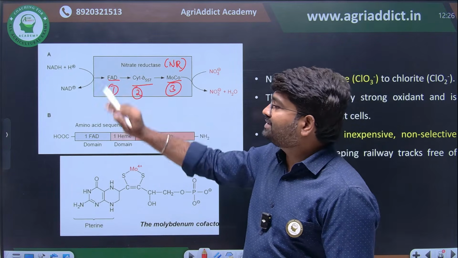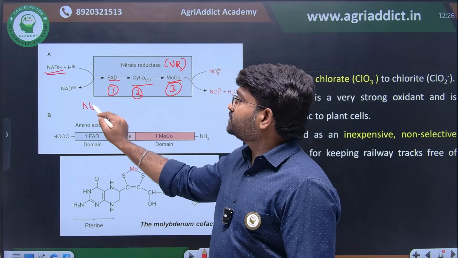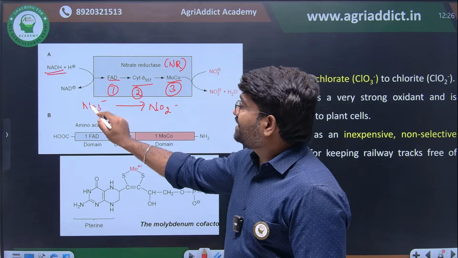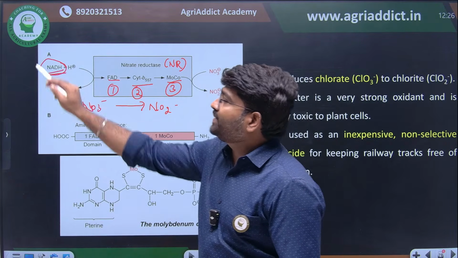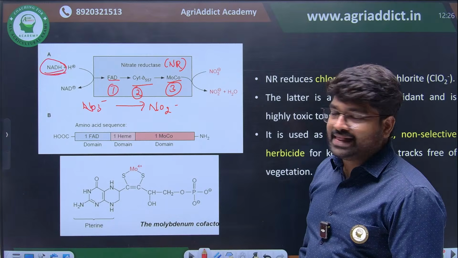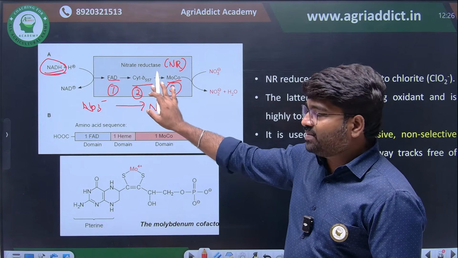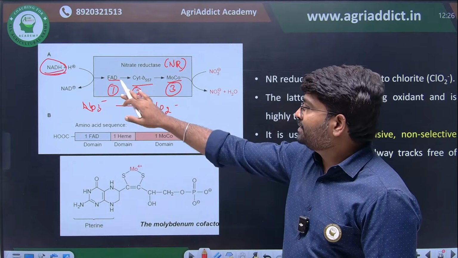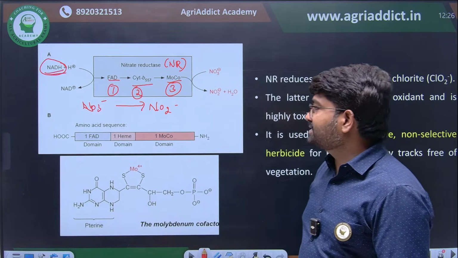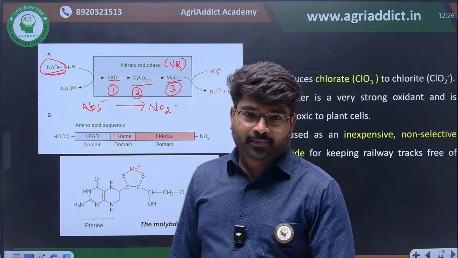So three domains are there for converting NO3 minus to NO2 minus. The electron source will come from NADH. This enzyme will be present in the cytoplasm. Electron source will be NADH. This is the important point you have to remember.